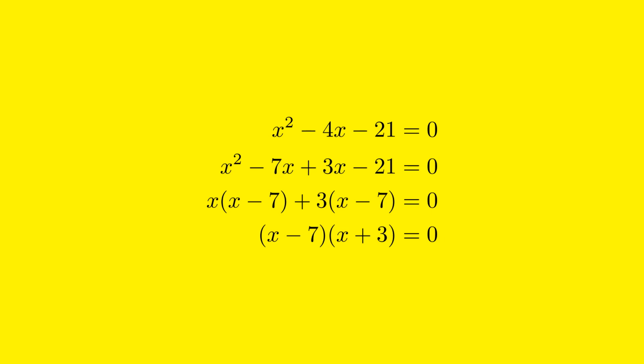Doing this gives us x times (x minus 7) plus 3 times (x minus 7) equals 0. After that, you can see that the factor x minus 7 is repeated. We take it as a common factor, yielding (x minus 7) times (x plus 3) equals 0, which is indeed the correct answer in factored form. Thus, the correct answer is D.